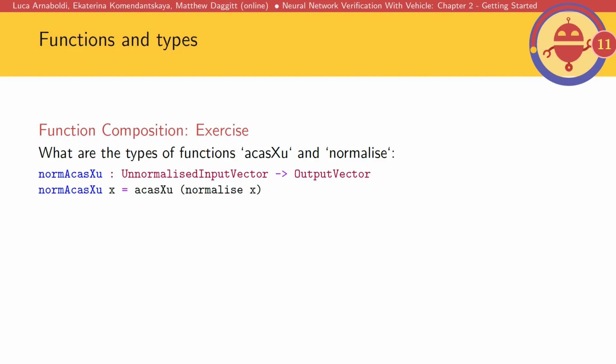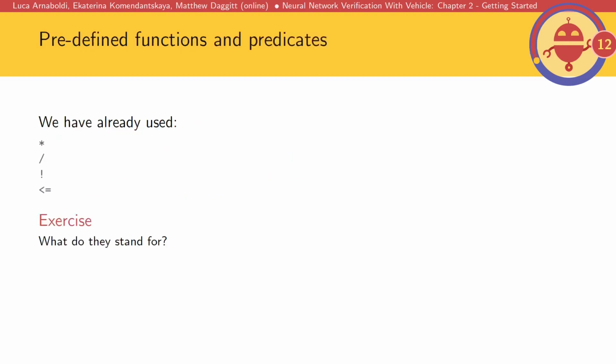I think it was unnormalized input vector to input vector. Very good. And then acasXu is input vector to output vector, because XU is the neural network, which I said we're not defining. We'll be referring to some file outside. Yeah. Thank you very much.